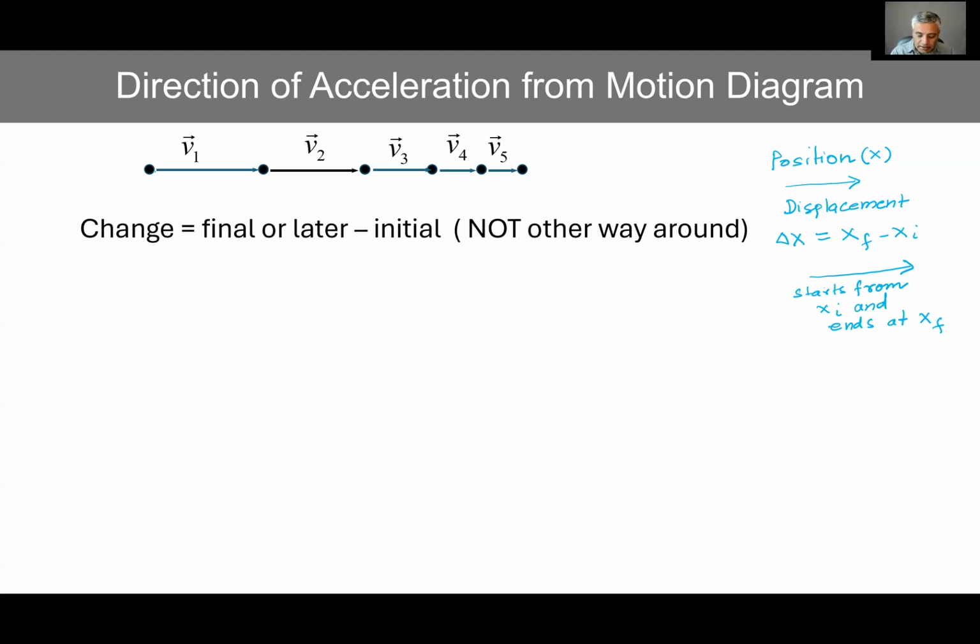Basically, you can think of this as a displacement between the first and second point, and this is displacement between the second and third point, and so on. And since the velocity, or average velocity more accurately, is displacement divided by time interval, and for motion diagrams, time interval is constant. We keep it the same for each interval.